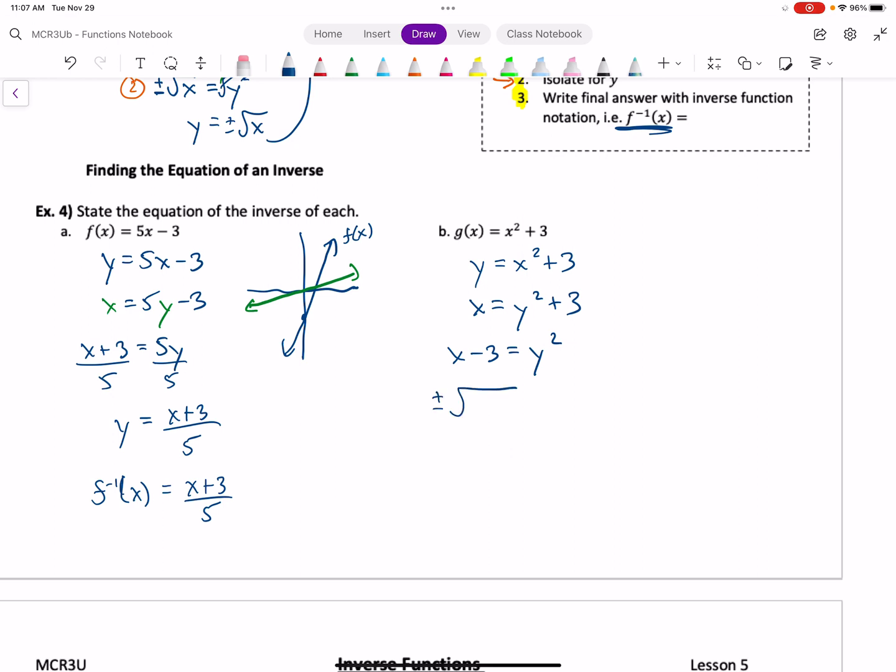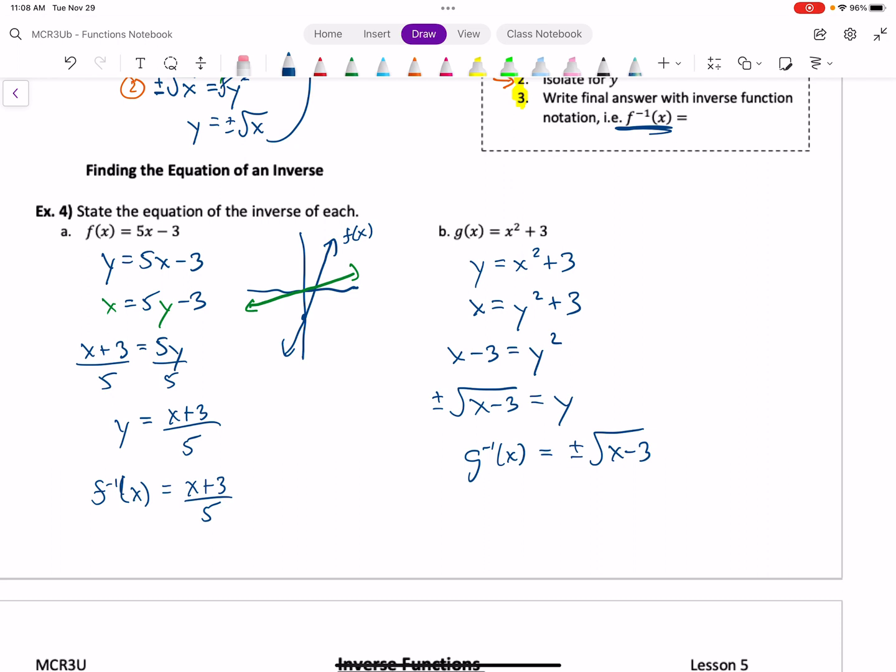So I've got plus or minus the square root of x minus 3, and that gets rid of the squared. So then I've got y equals, and I can rearrange this. This is g of x. So I'm going to now say g to the negative 1 of x is equal to plus or minus the square root of x minus 3. And that gives me the inverse equation.